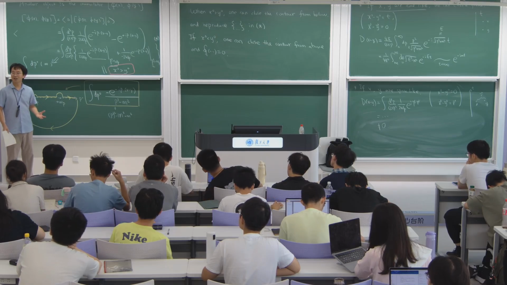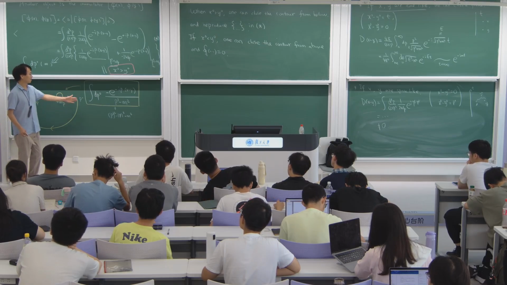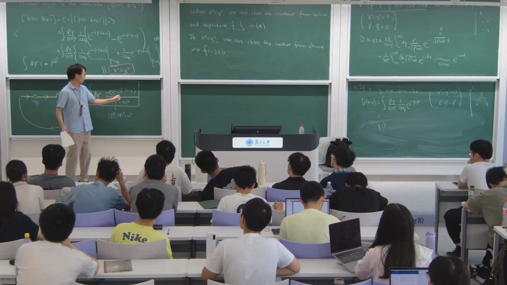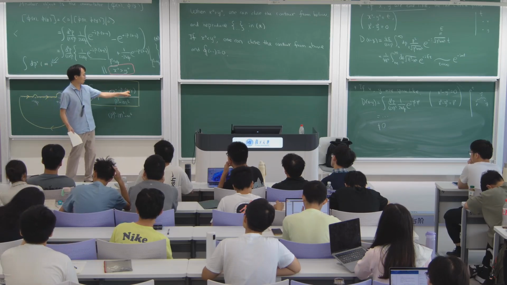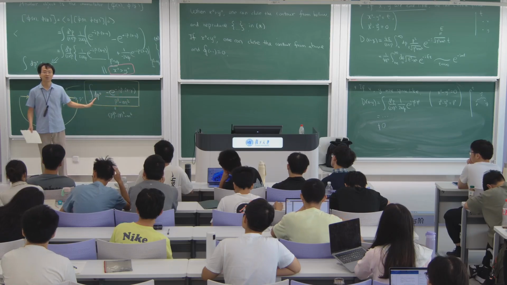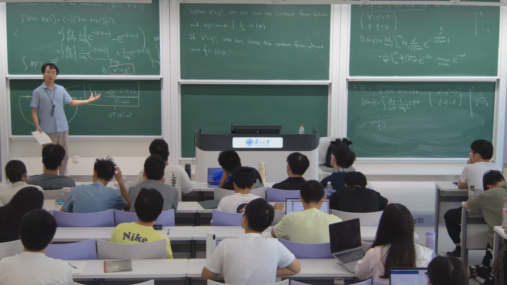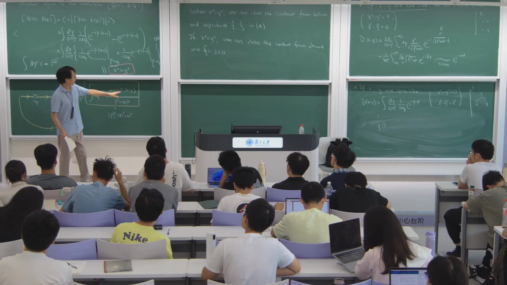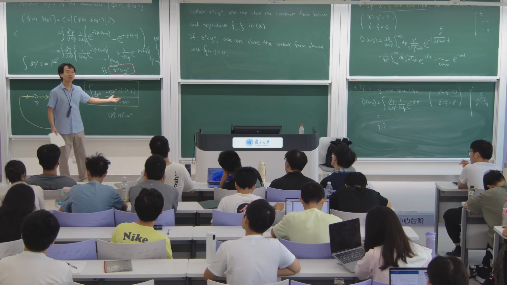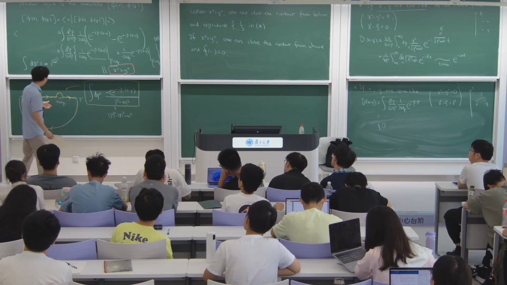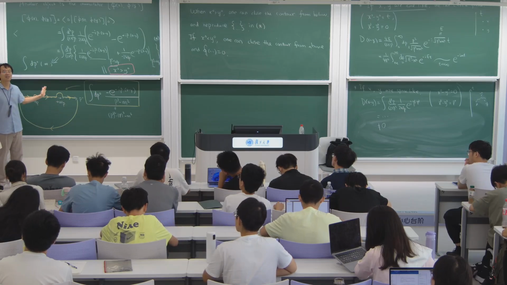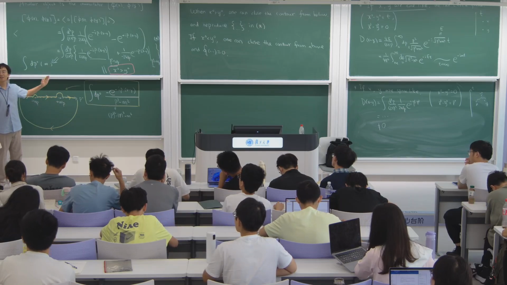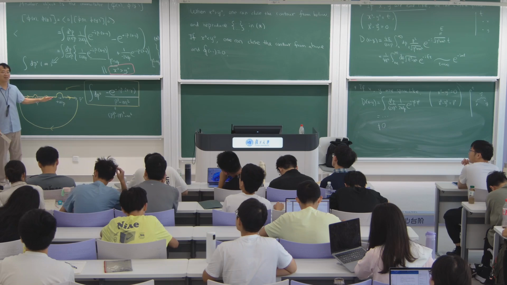What do I mean by well defined? Because it depends on your parameter. Inside this contour, x minus y are parameters, not variables, okay? Then it depends on your parameters, meaning on x0 and y0, which one is bigger. You can choose to close the contour from below or above, okay? Even though these two situations are different, it doesn't matter.